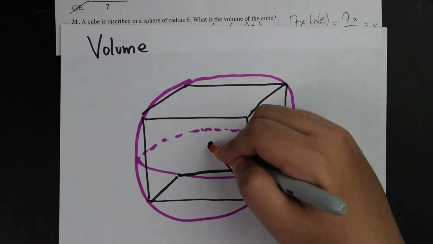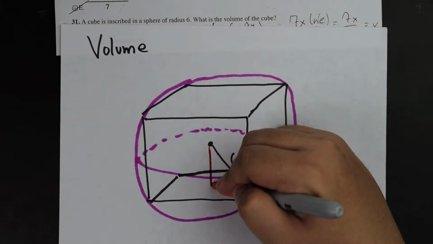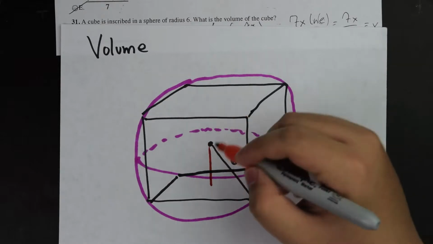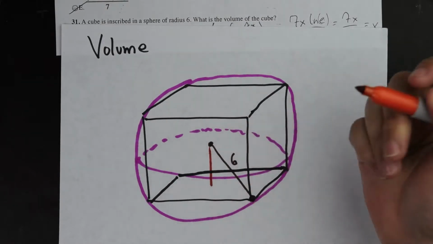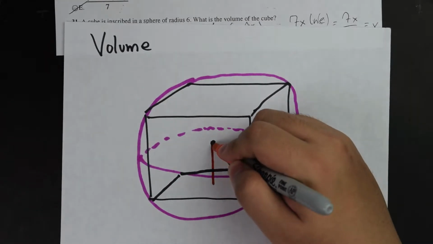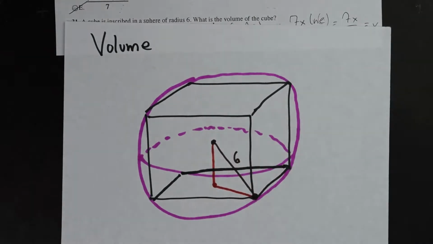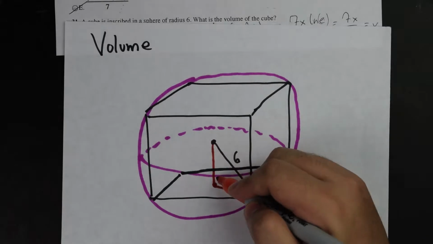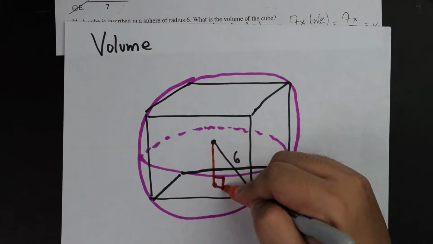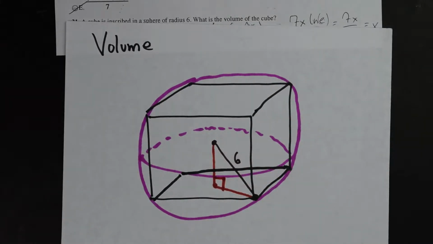It will be some sort of triangle that goes to the bottom of this sphere. The bottom base of the cube goes up to here, and we could imagine there's a right triangle right here. We know there's a right triangle, but we don't know the other two angles, and we can't make assumptions here.